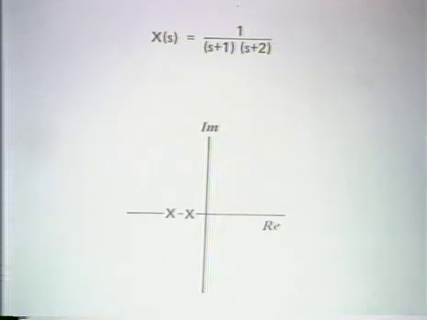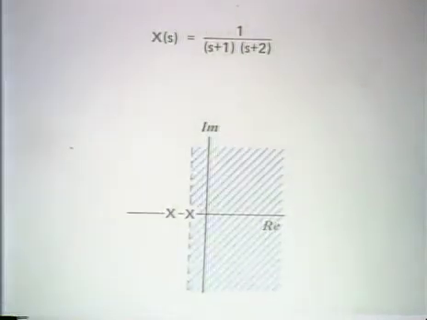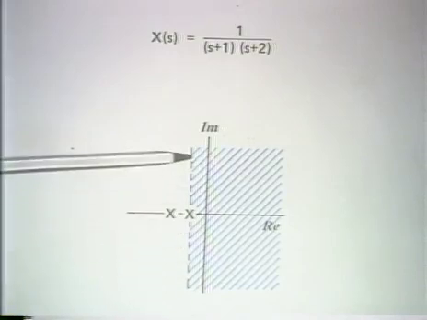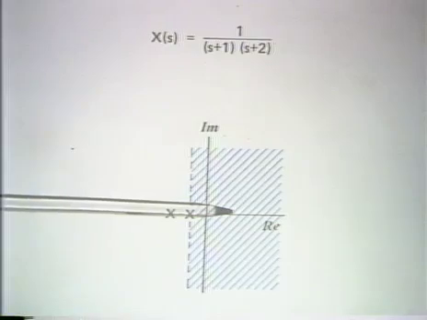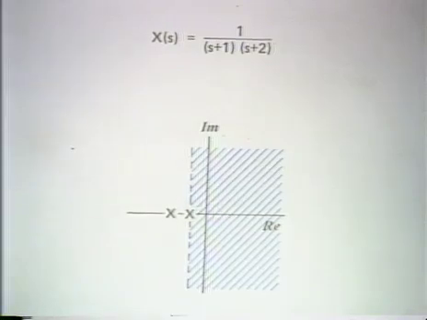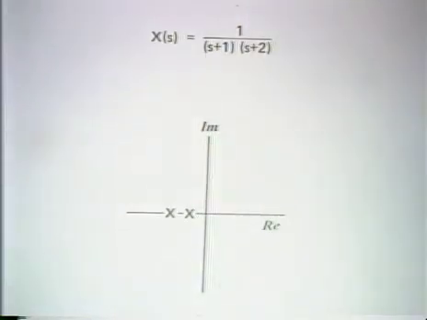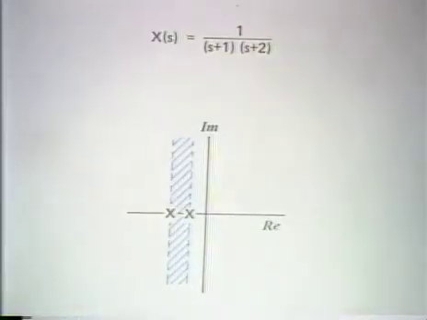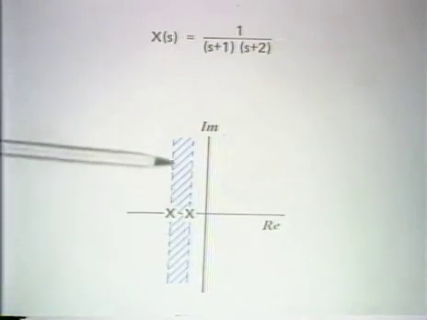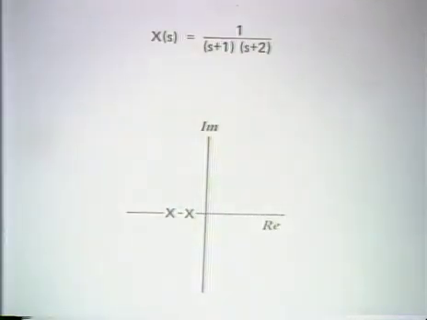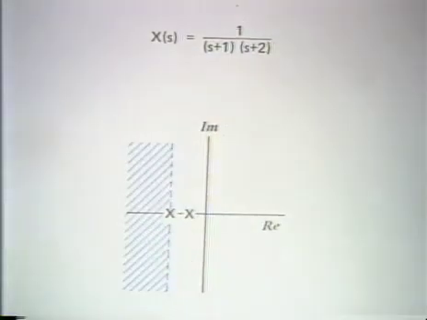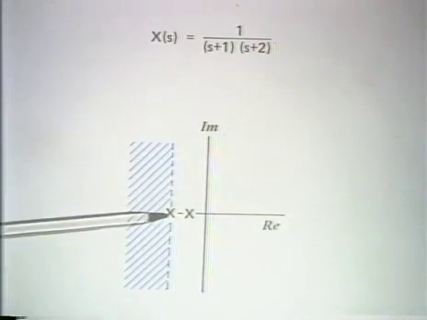And so with this algebraic expression, the possible choices for the region of convergence consistent with those properties are the following. One of them would be a region of convergence to the right of this pole. A second would be a region of convergence which lies between the two poles, as I show here. And a third is a region of convergence which is to the left of this pole.